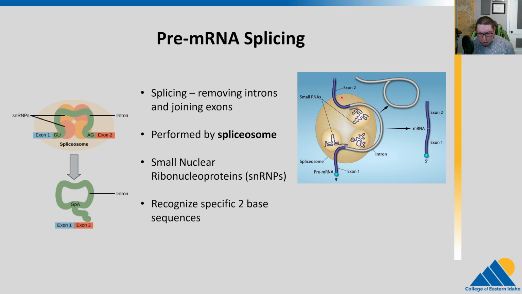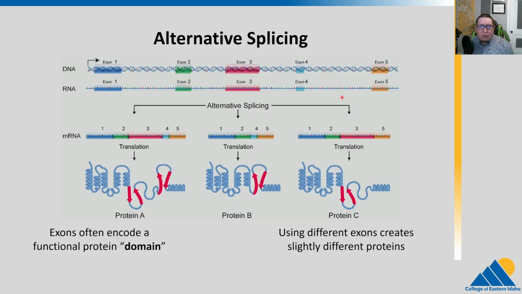Okay, cool. Well, here's another potentially interesting bit about introns. This splicing process does not always occur the same way. So when we were sequencing the human genome, before we had a sequence of the human genome, we estimated that there would be about 100,000 genes because research had estimated that there were about 100,000 proteins.